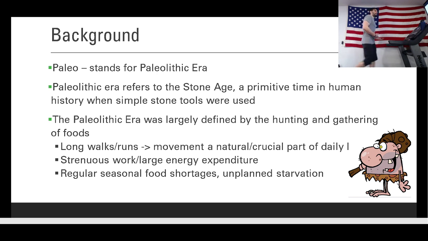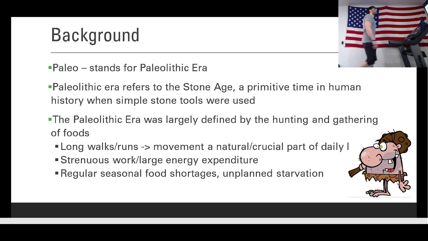The caveman didn't have the basic things of, let me go out to a grocery store to get the items that I need. There was no Amazon.com to get items delivered to my house, right? You had to go out and hunt for the food that you wanted, literally hunting down the animal.